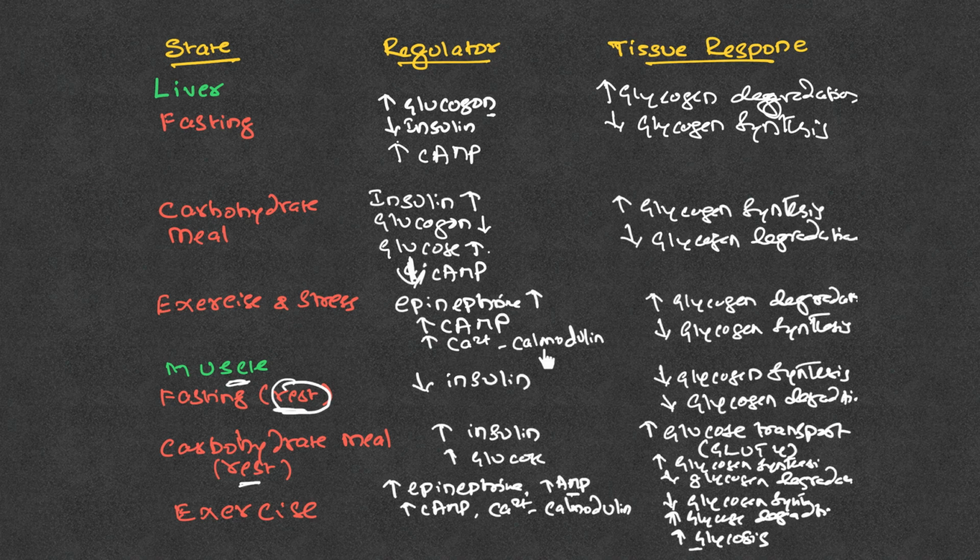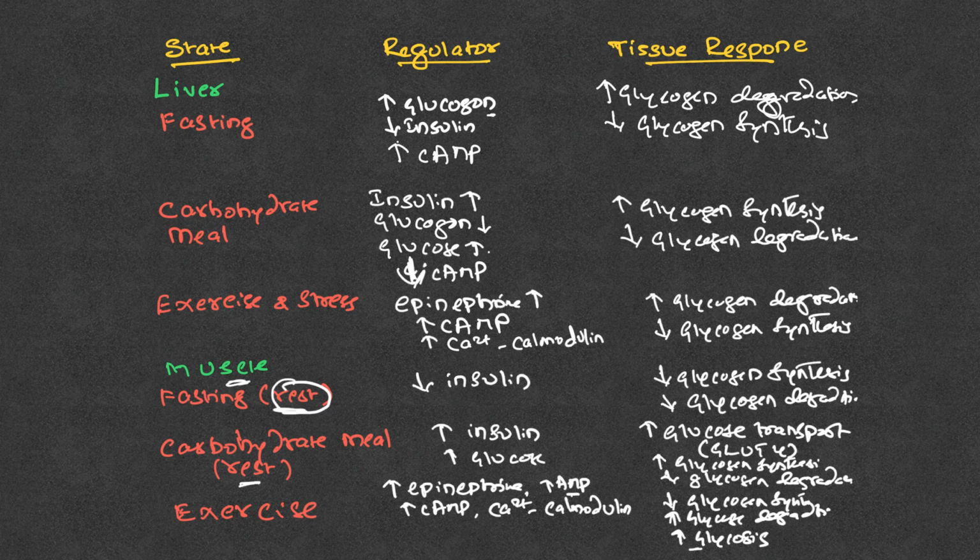Calcium will bind with calmodulin, and calcium calmodulin and cyclic AMP, through protein kinase, are going to keep glycogen phosphorylase active, thereby increasing glycogen degradation, and keep glycogen synthase inactive, thereby decreasing glycogen synthesis.